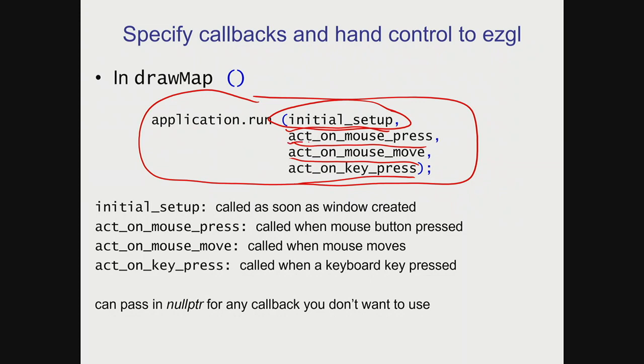I might want to do something when the user clicks the mouse in that graphics area where I'm drawing the city. If so, I give the name of that routine to application.run. I also could choose to do something when the person just moves the mouse in my graphics area. Maybe I want to highlight things automatically or do tooltips.